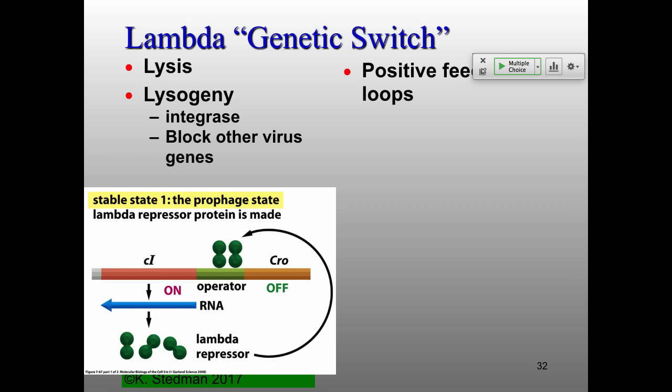So part of the reason to study viral regulation has to do with the fact that they're nice and simple. In the case of lambda, we already talked about the lambda quote-unquote repressor. Lambda is a really wonderful system because it's got two choices.